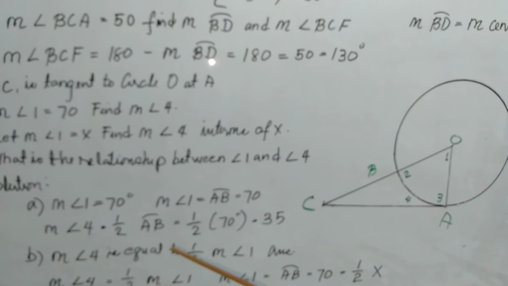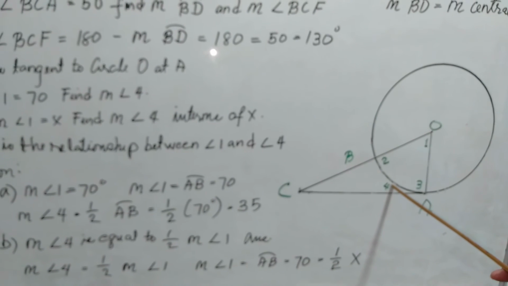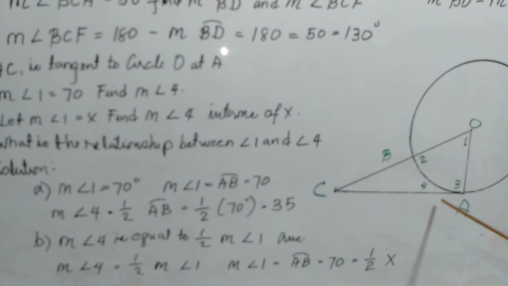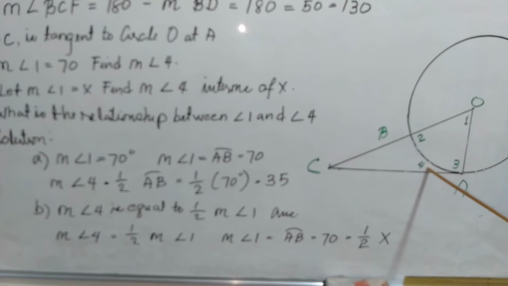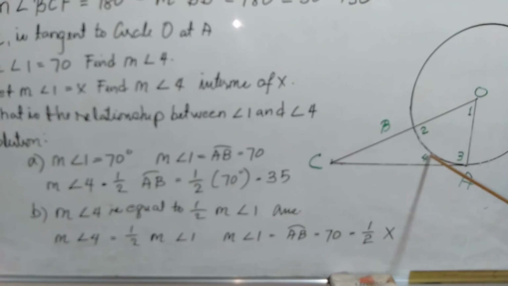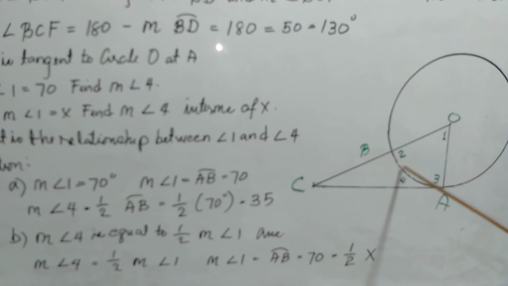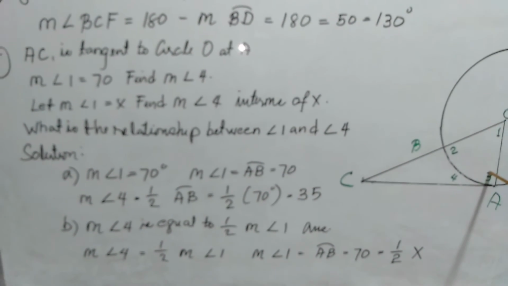But the measure of angle 4 is 1/2 of AB. So 1/2 of 70 degrees is 35 degrees.